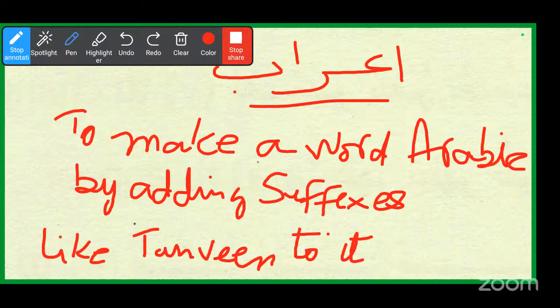The word i'rab means to make a word Arabic by adding suffixes like tanween to it. Suffixes, for example, tanween, right? For example, tanween.